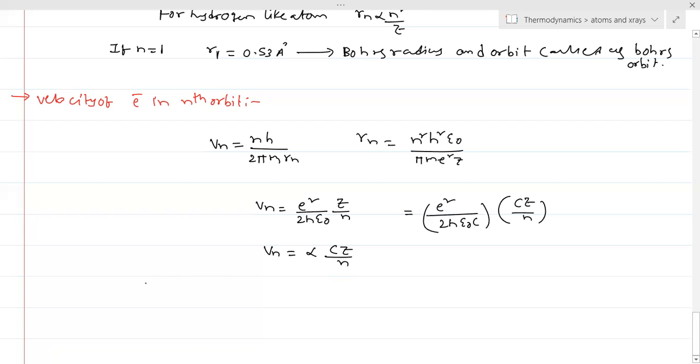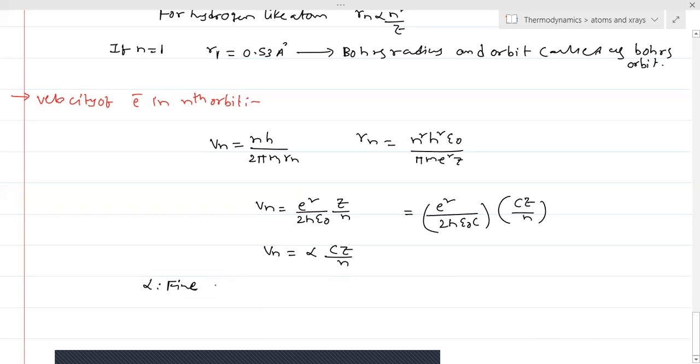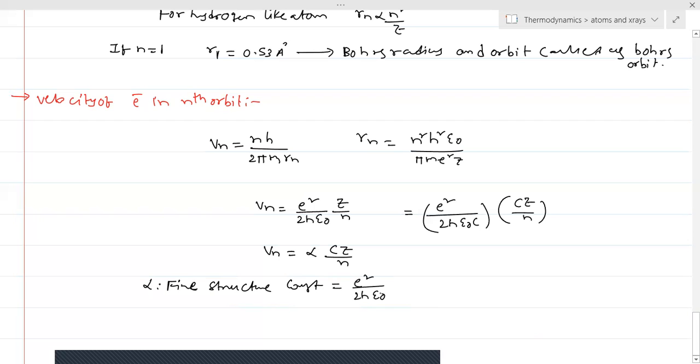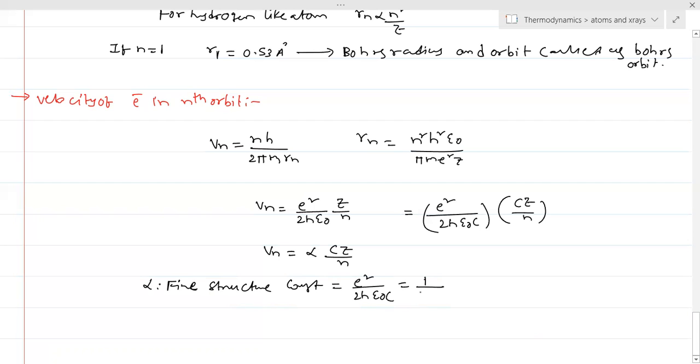Here alpha is called the fine structure constant, which is nothing but e square by 2h epsilon naught c, equivalent to 1 by 137. So the value is important.